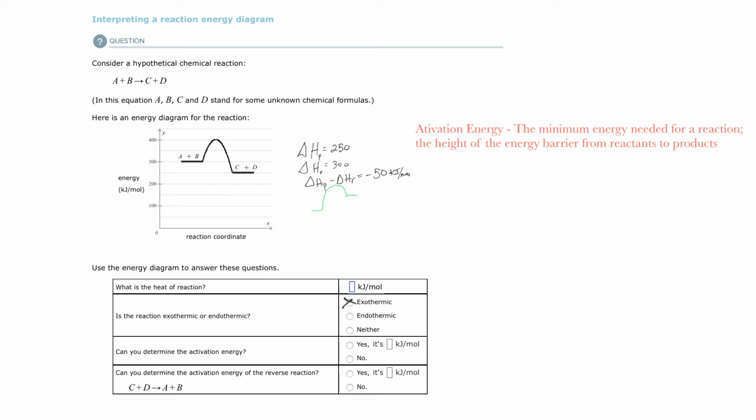So the second question is, can you determine its activation energy? The answer is yes, you can. And how much activation energy is it? Well, it's 100 kilojoules per mole, because it went from 300 to 400.